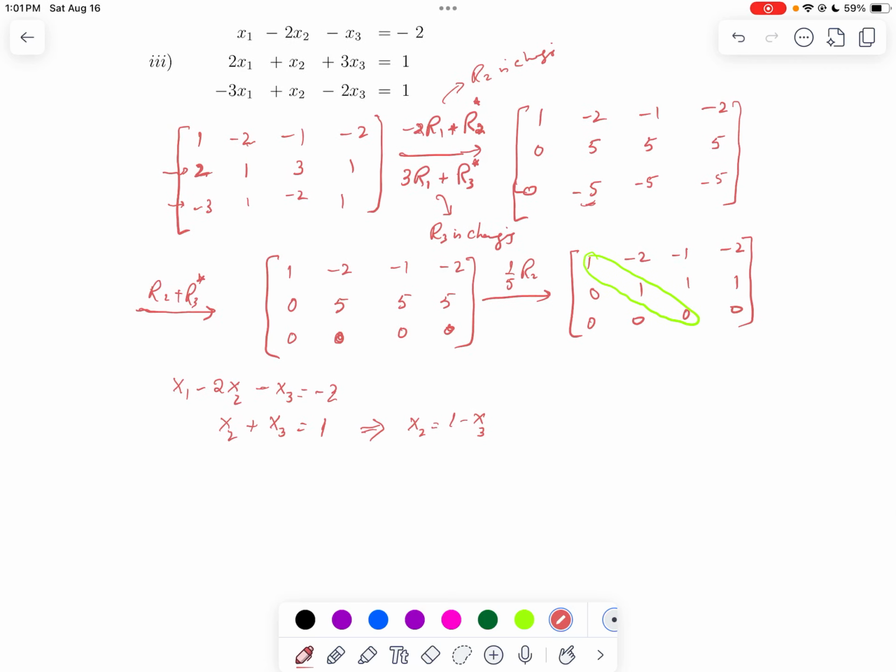And from the first row, x1 will be equal to 2x2 plus x3 minus 2. Now I will replace x2 by 2 times 1 minus x3, plus x3 minus 2. To simplify, we get 2 minus 2x3 plus x3 minus 2, and that gives me minus x3.